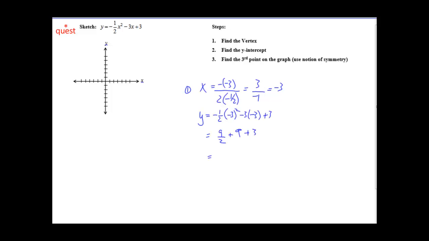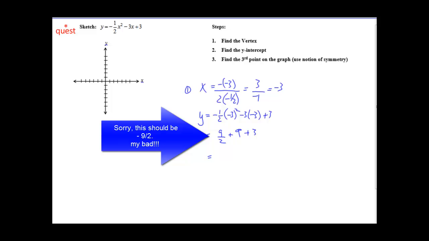Input, so we get 9/2 plus 9 plus 3. Common denominator would give you 9/2 plus 18/2 plus 6/2, which y is equal to 15/2. So our vertex is negative 3 and 15/2, or 7.5.